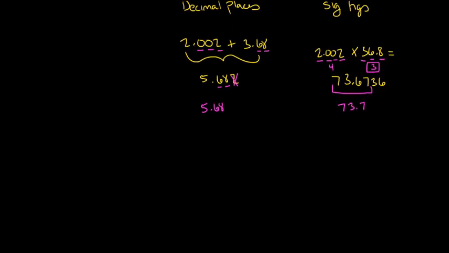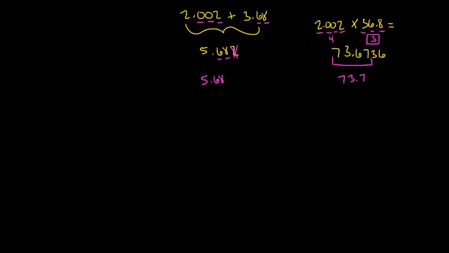Okay, let's try one last example that incorporates both addition, subtraction, and multiplication, division. If we have 46.8 plus 21.064 divided by 3.025. When we consider order of operations, we see that we first have an addition operation followed by the division operation.